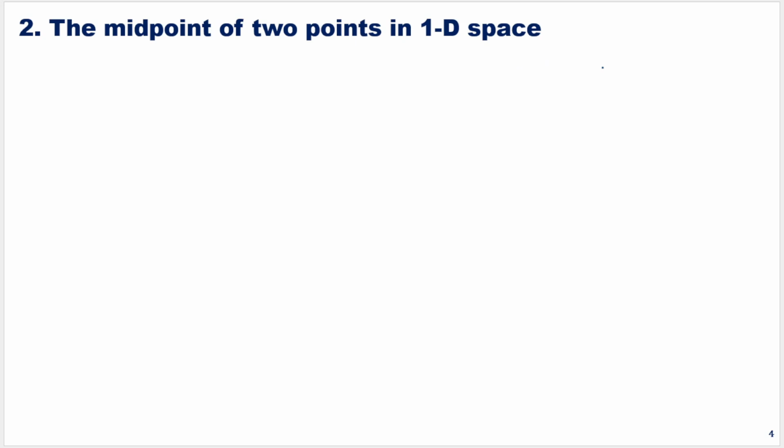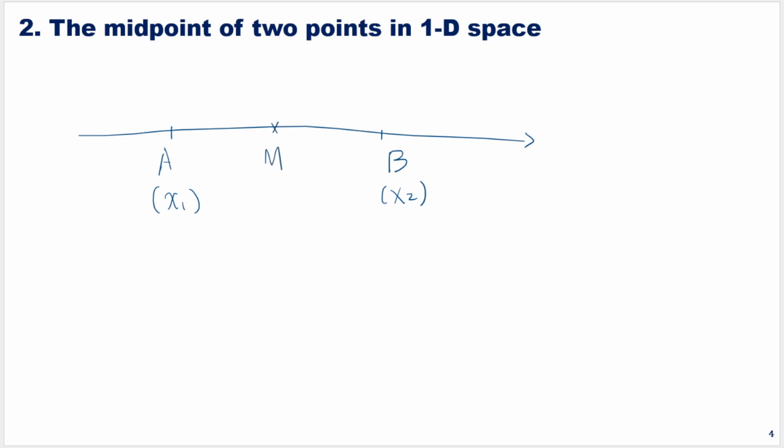Which means if there are 2 points A and B in one-dimensional space, and their coordinates are x1 and x2 respectively, then we can find the midpoint between A and B. So let's suppose this point is M, which means the distance between A and M should be equal to the distance between B and M, right? We don't know the coordinates of M yet, so let's call this xm.